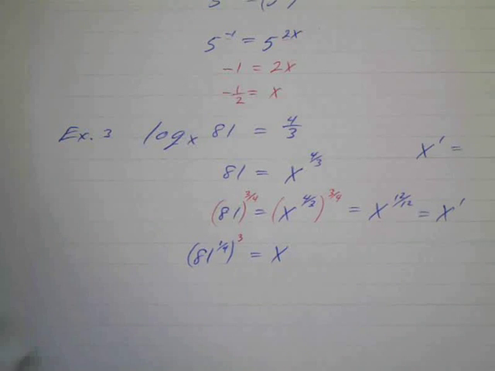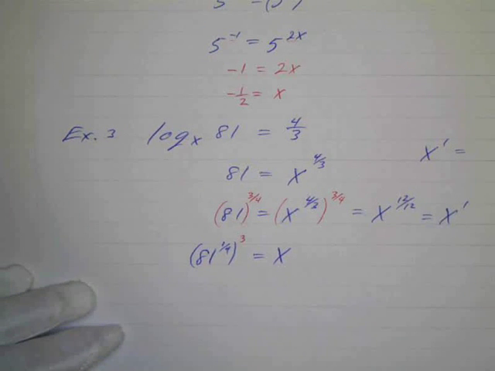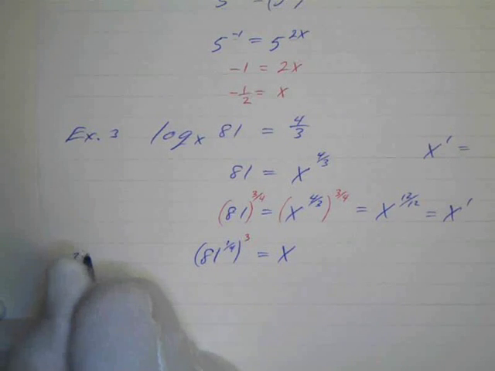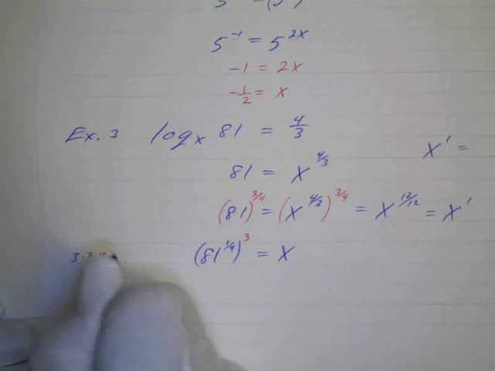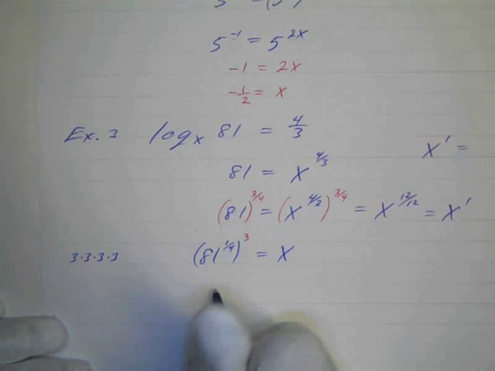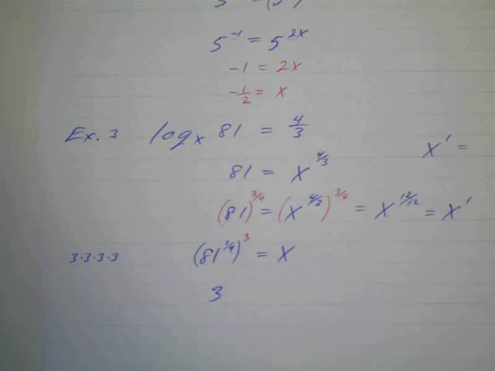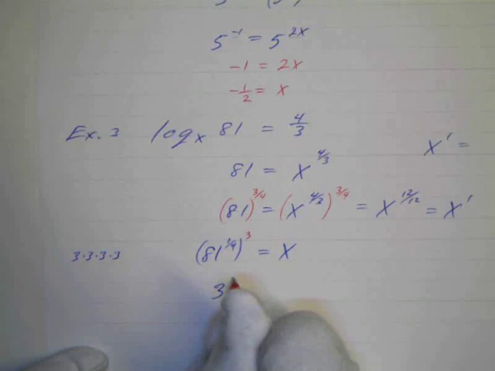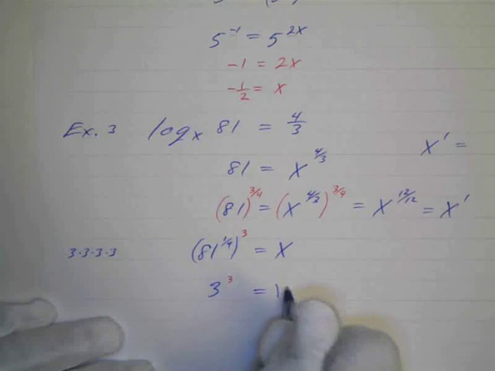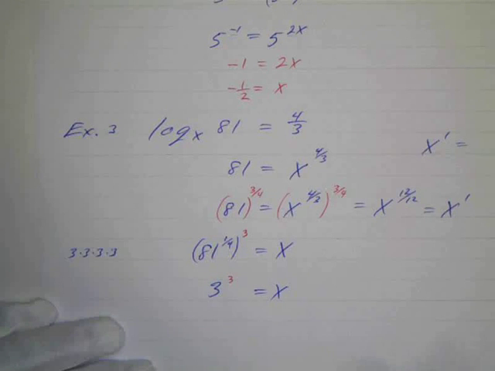Now what's 81 to the 1/4 power? What number times itself times itself times itself is 81? Well, 3 times 3 is 9, times 3 is 27, times 3 is 81. So it looks like it's going to be 3. So the 4th root of 81 is 3, so I've got 3 cubed equals x. And 3 times 3 is 9, times 3 is 27, so 27 equals x.